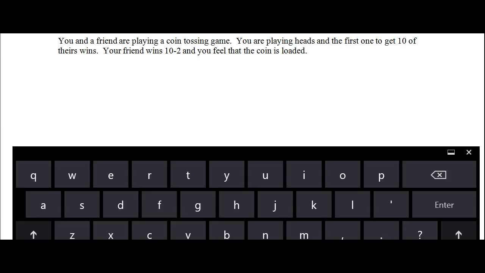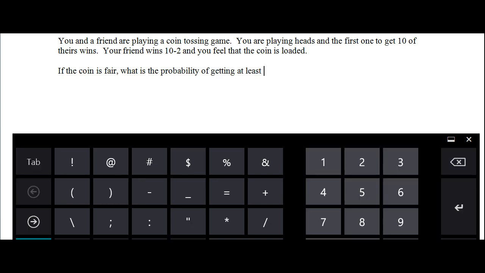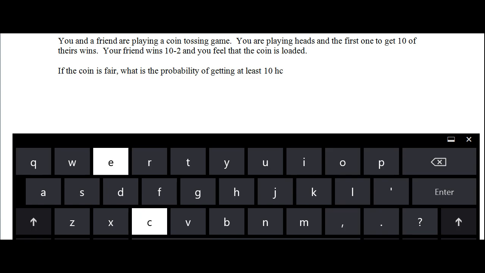And so if you want to figure out if the coin is loaded or not, well, what are we trying to figure out? We're trying to figure out the following. If the coin is fair, what is the probability of getting at least 10 heads?